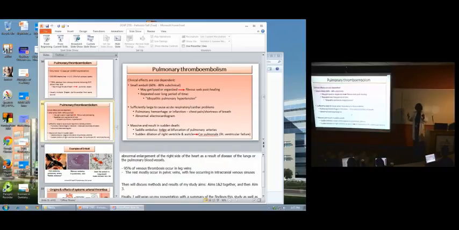So what happens? If you have that sudden blockage of the pulmonary arteries, you have no supply of oxygen or blood to the lungs. And then what happens after? We're going to see. Remember, blood is coming from where? It's coming from the right heart, right?